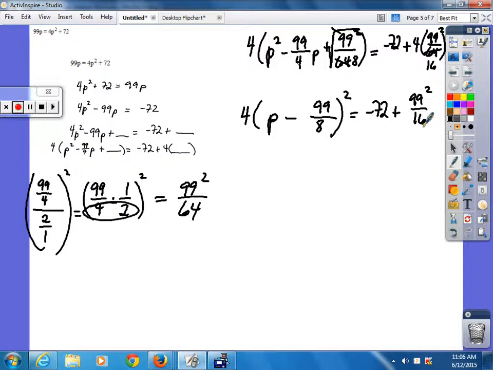If somebody takes 16 and multiplies by 72, what do you get? 72 times 16, 1152. 99 squared is 9801.